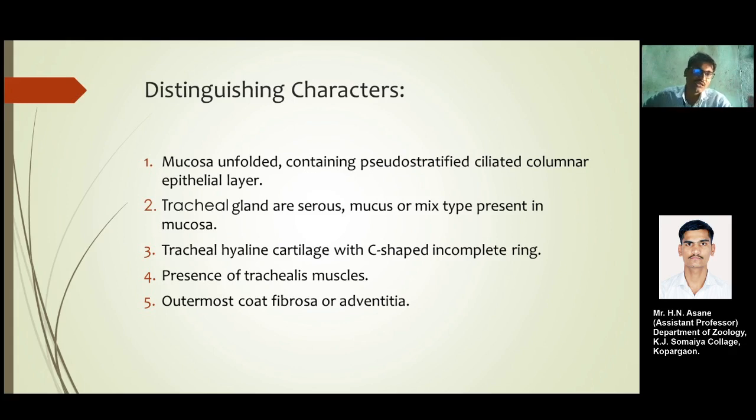Okay, so the tracheal hyaline cartilages form incomplete C-shaped rings, with the tracheal muscles present over there. The tracheal muscles provide elastic stability for the tracheal hyaline cartilages and also for the esophagus.